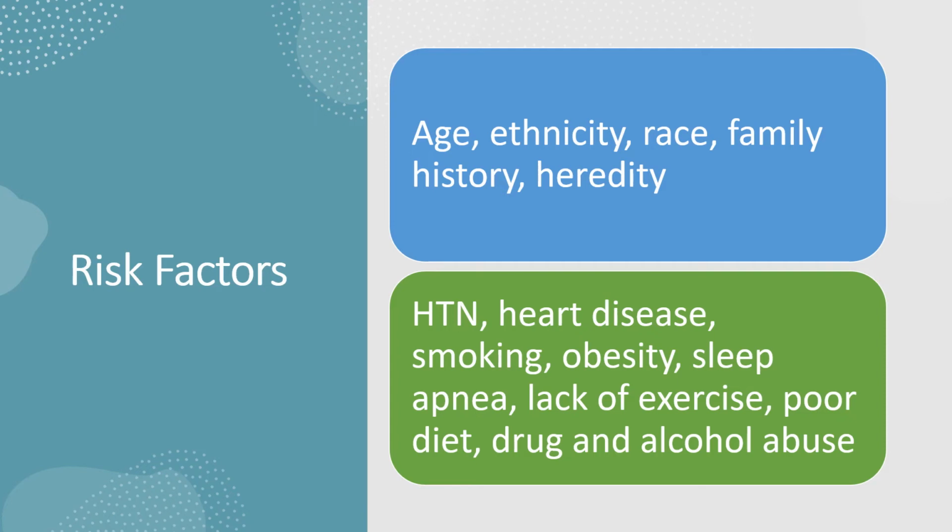But then we talk about hypertension, heart disease, smoking, obesity, sleep apnea, lack of exercise, poor diet, and drug and alcohol abuse. These are all examples of modifiable risk factors, so we can change those, and we can fix a lot of those things to make a patient healthier. Remember that goal blood pressure is at least a systolic below 140.